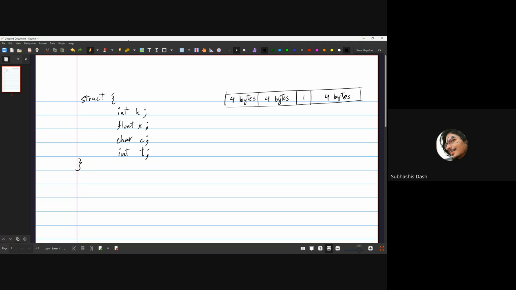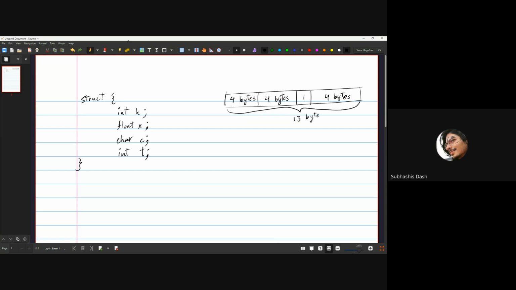So can you tell me, is this how the computer stores it? What are you saying about the total size of a struct? Yeah, that only I'm saying. Like, if it was stored like this, the total size would be what? 12 plus 1, 13 bytes.